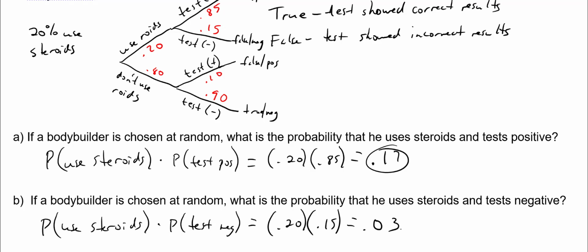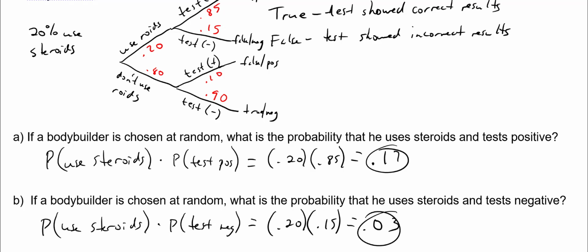I want to make a point, math fans. This number is going to be the lowest out of all the numbers that we're going to use. The reason is that most people don't use steroids. That's why that number is really low. You use steroids, which is low, but the probability of it saying no, you don't use steroids, that's really low too, because again, it's false.